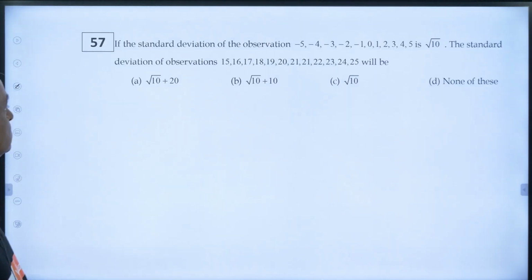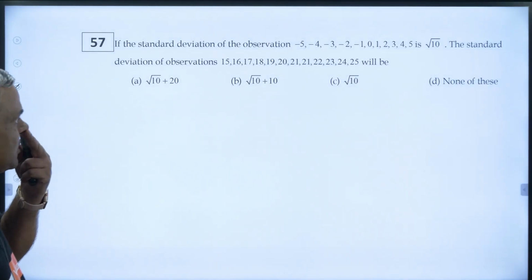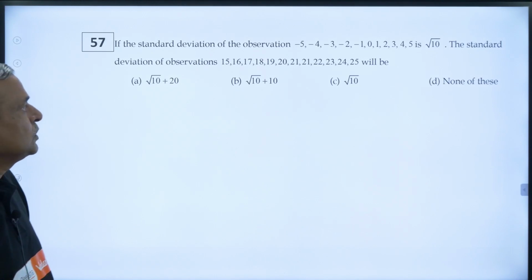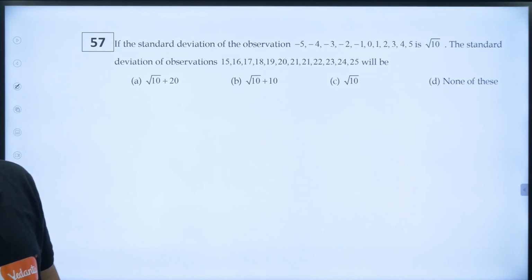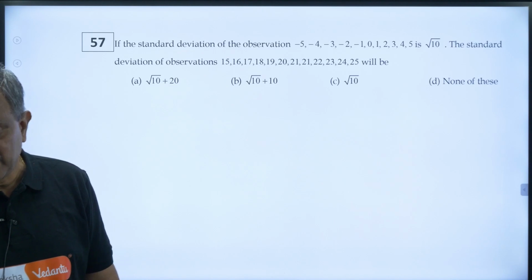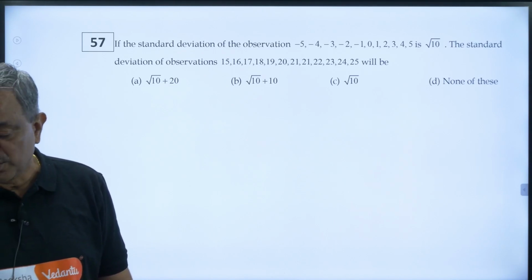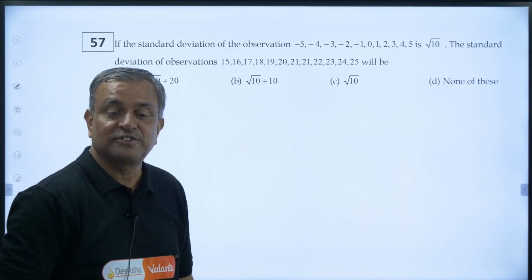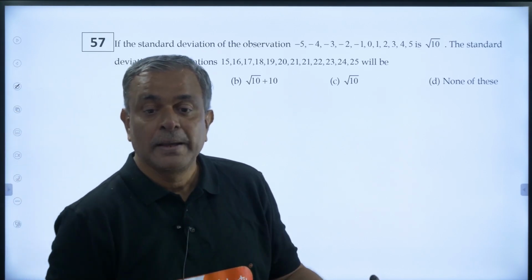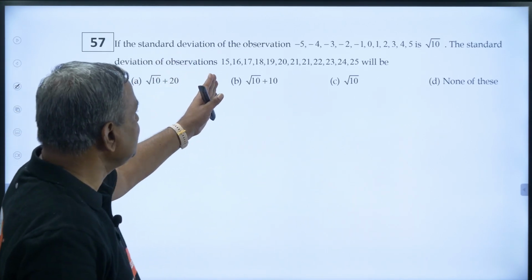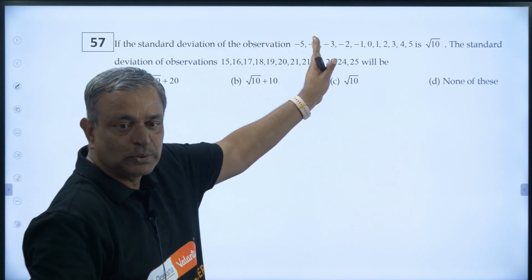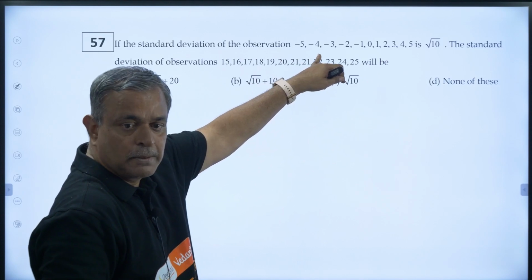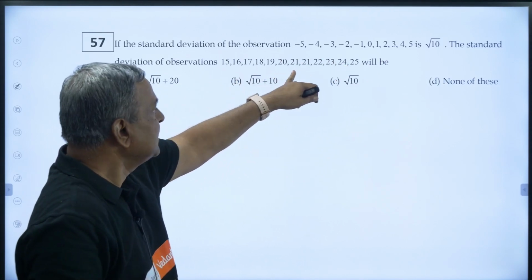Option C is correct. Standard deviation of this observation is root 10. Whenever the new observations are obtained by adding 20 to each, the standard deviation does not change. If you add 20 to each and every term, minus 5 plus 20 is 15, minus 4 plus 20 is 16, like that.